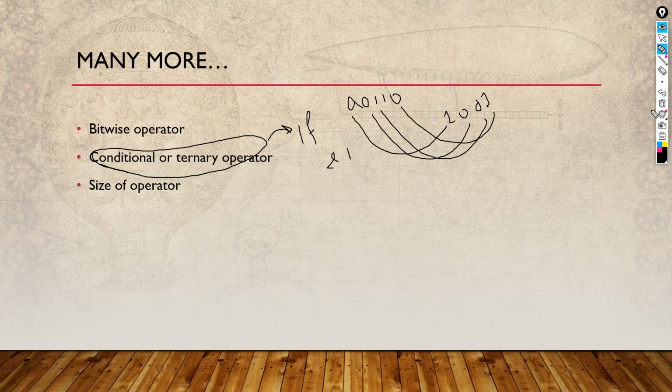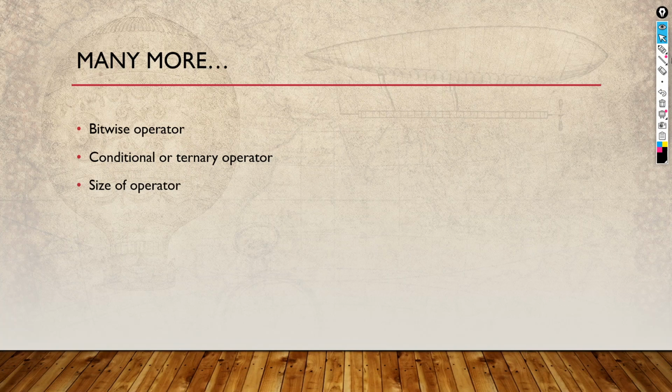Now what is the sizeof operator? If we want to know the size of a variable, which we've discussed in the previous video, and if you have not seen it, please go to that video, then we can give sizeof and pass the variable, let's say num, and it will return the size of that variable.